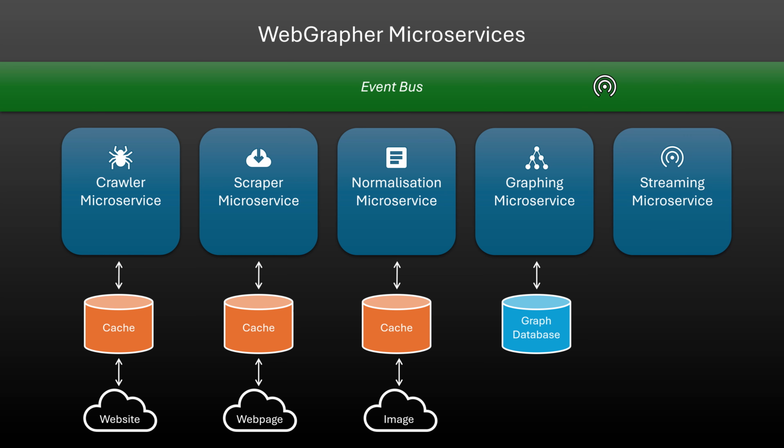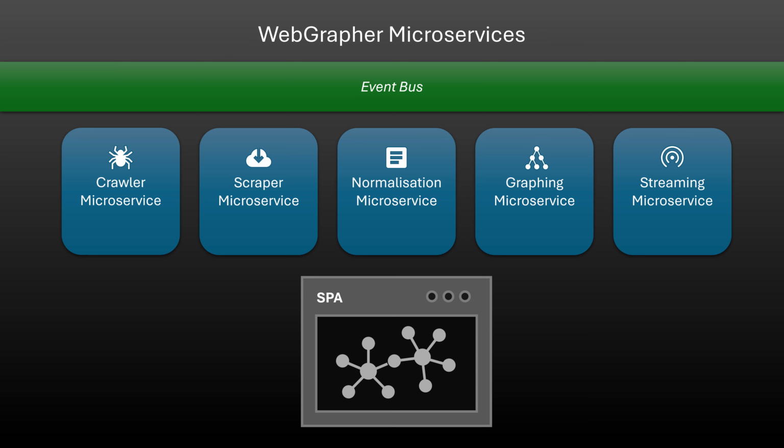The streaming microservice is responsible for delivering newly discovered nodes and edges to clients in real time. It subscribes to stream events, and once received, it streams a payload of nodes and edges to client viewers for interactive visualization. The client single page application, or SPA, is the user interface of the entire system.